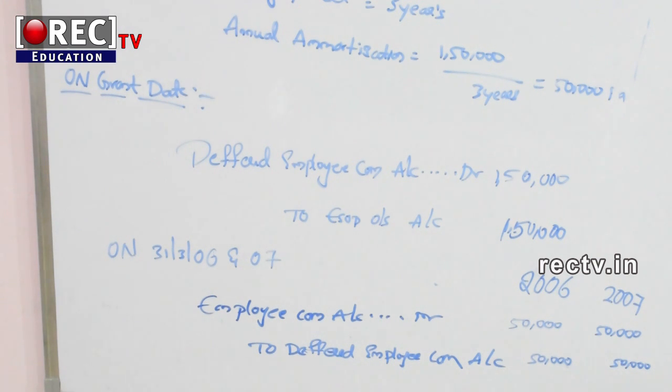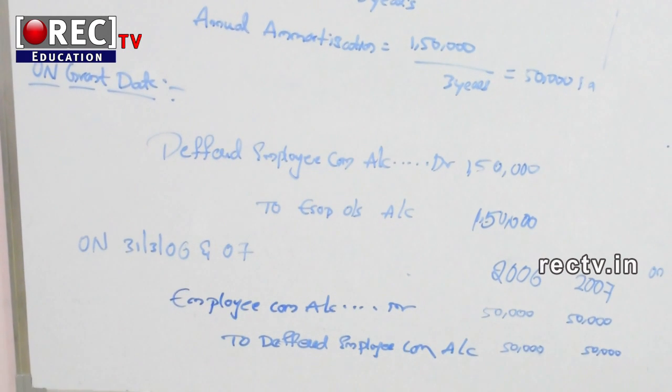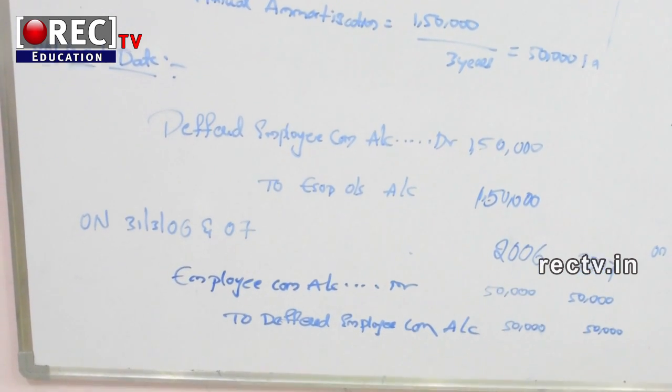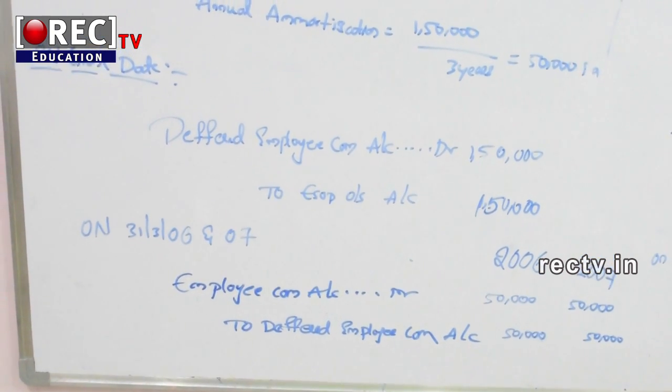We have to show the 2 years' expenditure because we have 2007. So on 31st March 2006 and 31st March 2007, the entry will be employee compensation account debit to deferred employee compensation account. Every year we will write off 50,000 from the deferred employee compensation account. So the entry will be employee compensation account debit 50,000 to deferred employee compensation account 50,000.